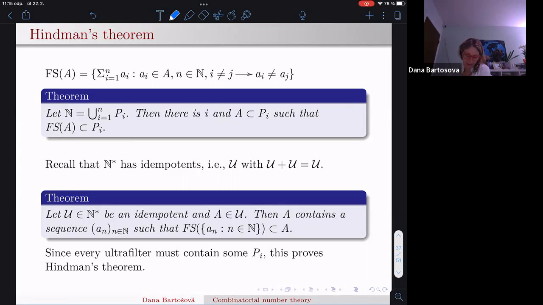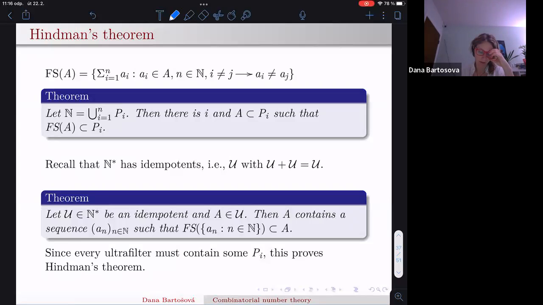And again, as in Schur's theorem, it turns out that this one piece of the partition is actually picked out by some element of the Stone-Čech compactification that has a definition, in this case, algebraic. So every element of every idempotent is actually going to contain a sequence whose all finite sums are contained in that set.